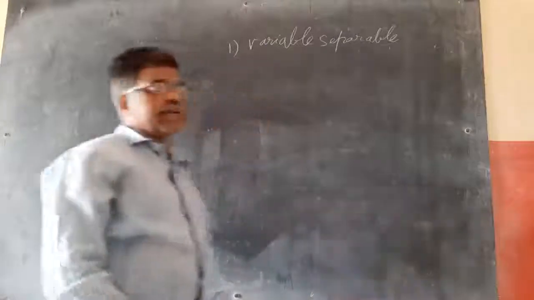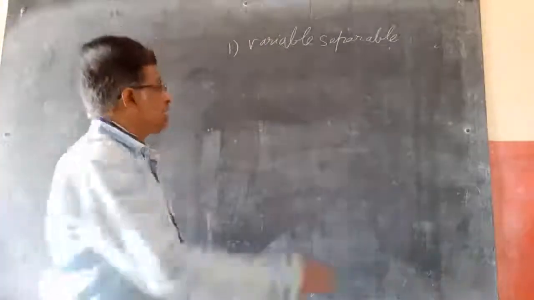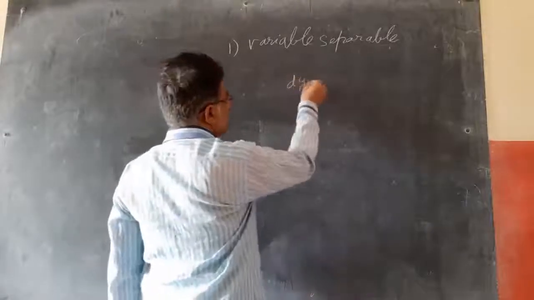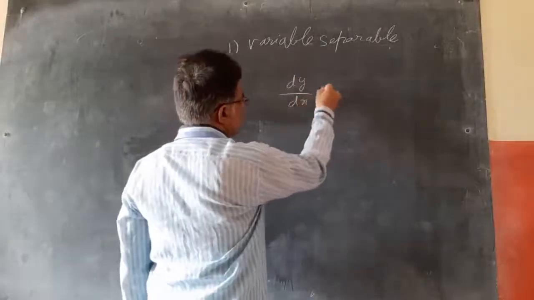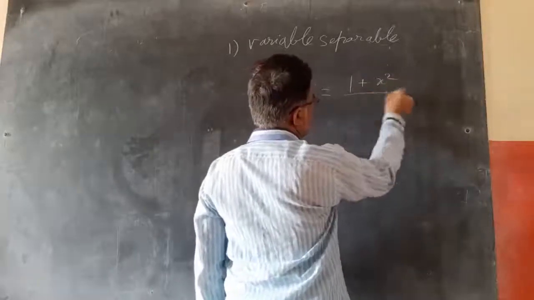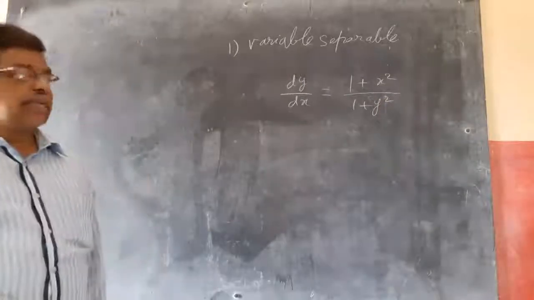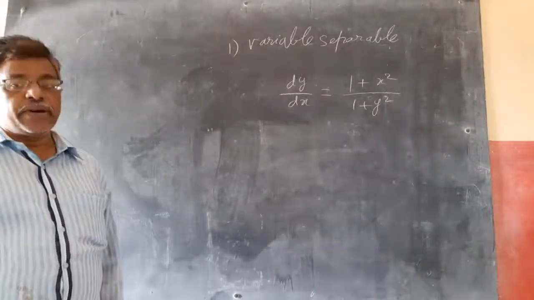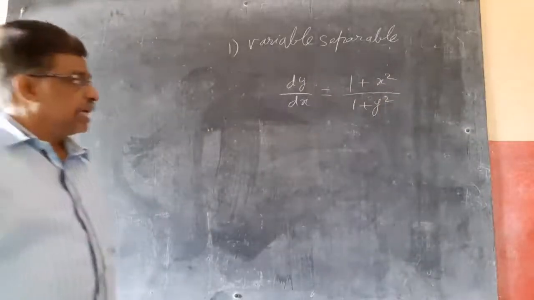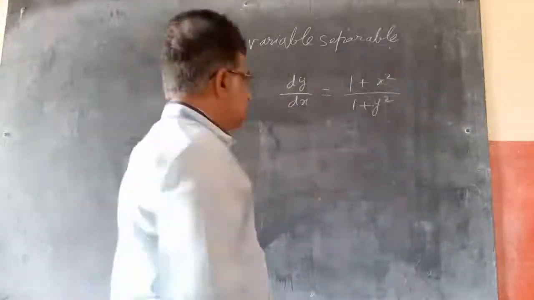Differential equations of the type variable separable means the equation will be like this: dy by dx equal to (1 plus x square) by (1 plus y square). These are differential equations of type variable separable. It means you can separate the variables, all the y's to one side, all the x's to one side.